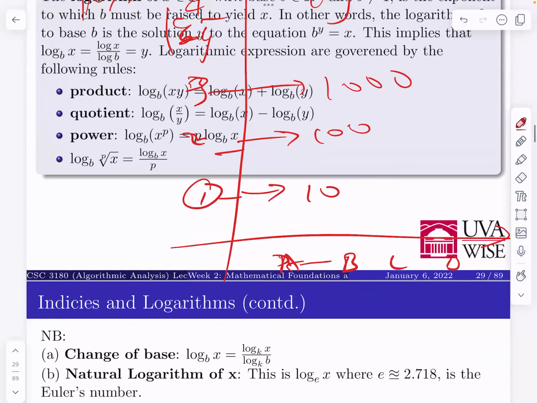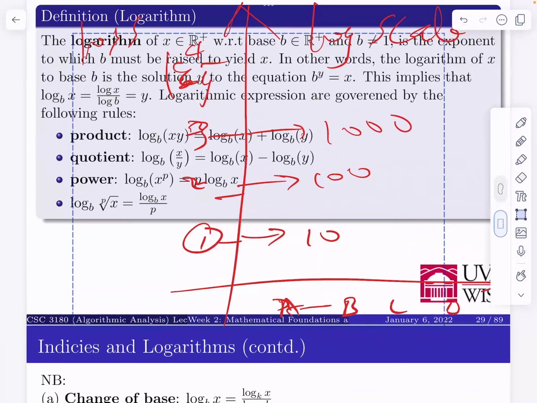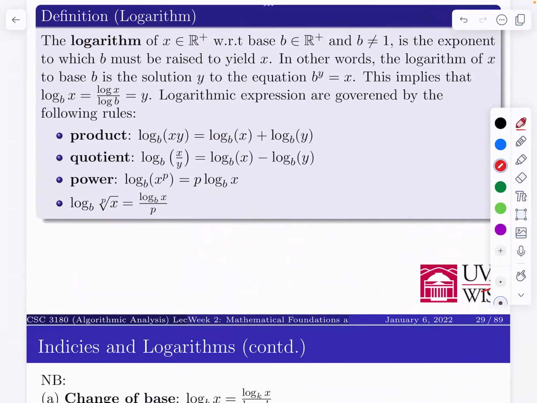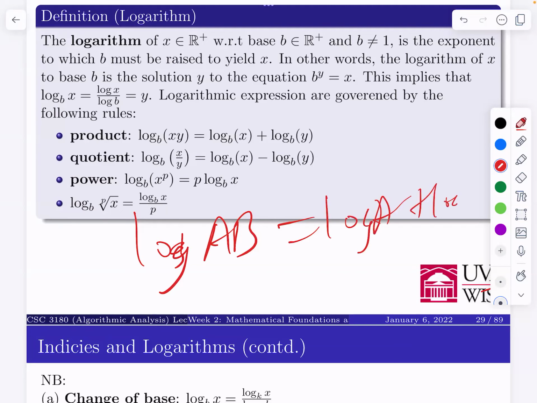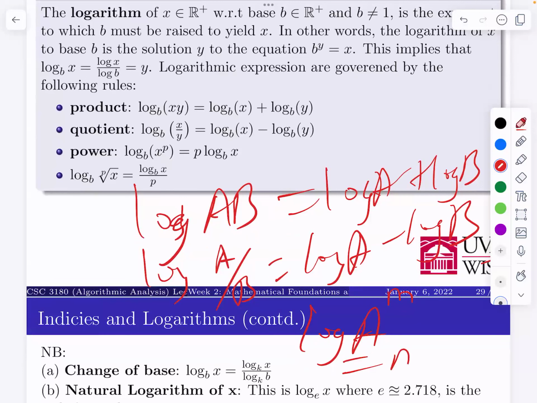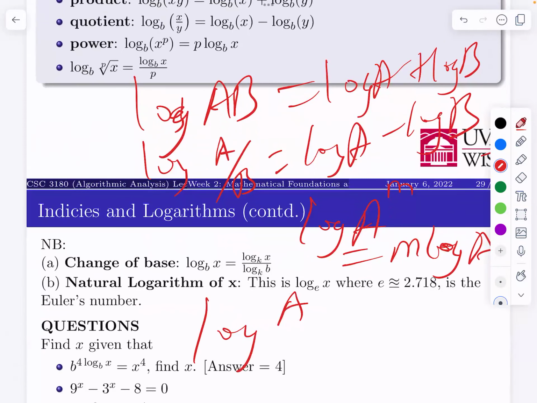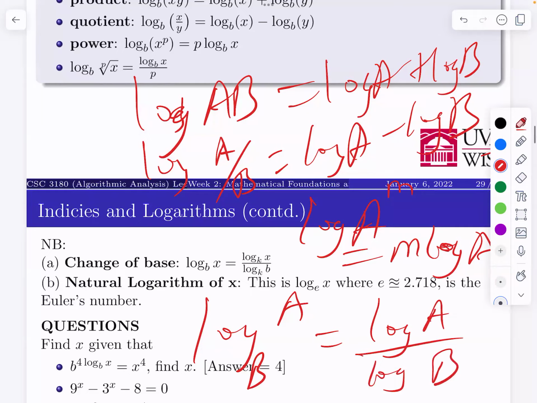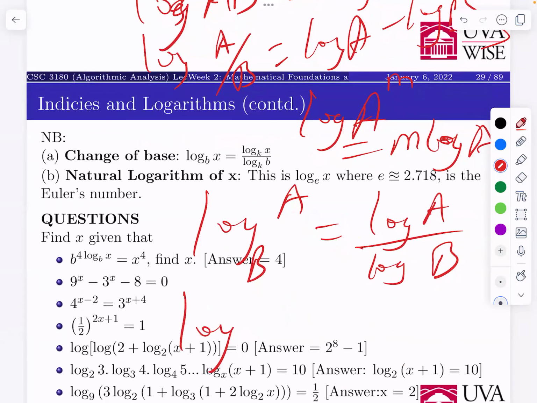Now, there are rules of logarithm. When you have log of the product AB, it will be log of A plus log of B. When you have log of a division, it will be log of A minus log of B. When you have log of A to power M, it will give you M log A. Note that log of A base B can be represented as log of A divided by log of B. And note that log of A base B is never the same thing as what?